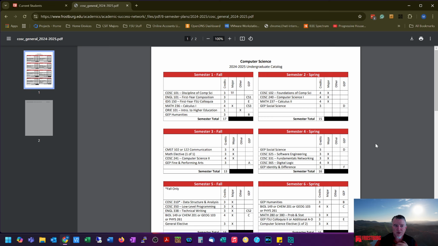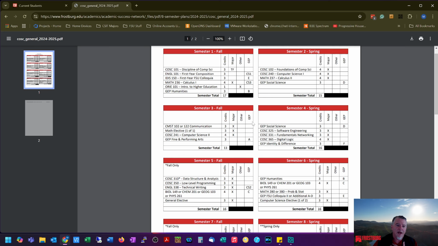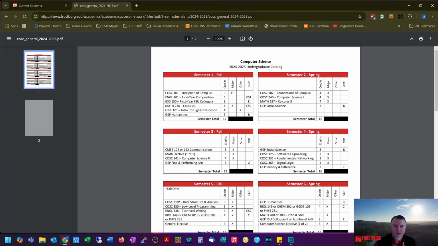If you are a transfer student, you just go through and start shuffling these around, checking off different things, because your 8 semester plan is more like a 4 or a 5 semester plan, or maybe it's a 6, depending on how many credits worth of transfer you brought in, right? Or how many semesters worth, all right? So every single major has one of these, and it's going to go like semester 1, semester 2, semester 3, semester 4, semester 5. Let me explain some things within here a little bit, okay?